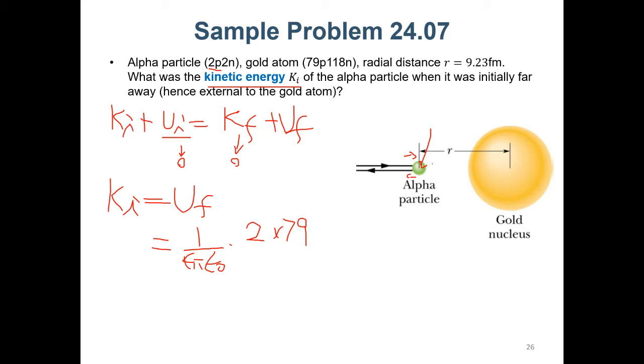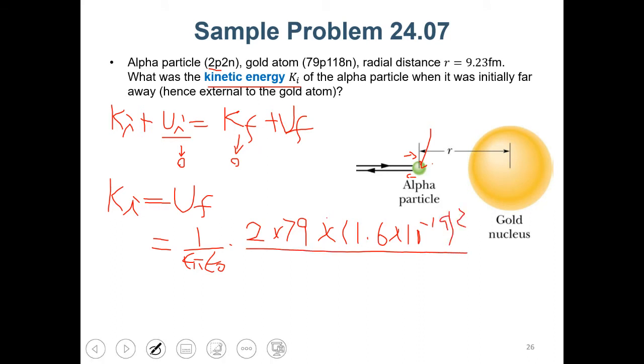So 2 times 79 times 1.6 times 10 to the minus 19 squared over R. R is 9.23 femtometer.